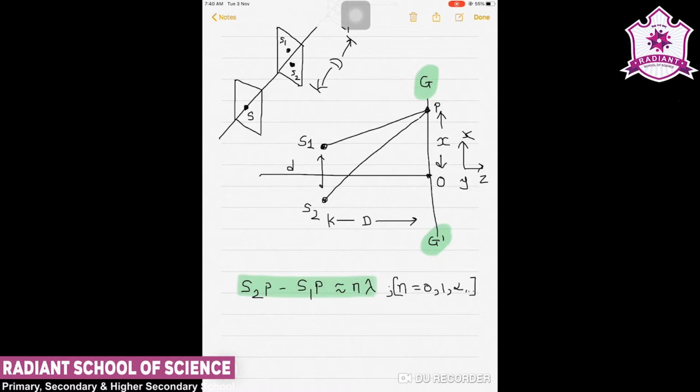Now we have already considered that S1 and S2 are made very near to each other.